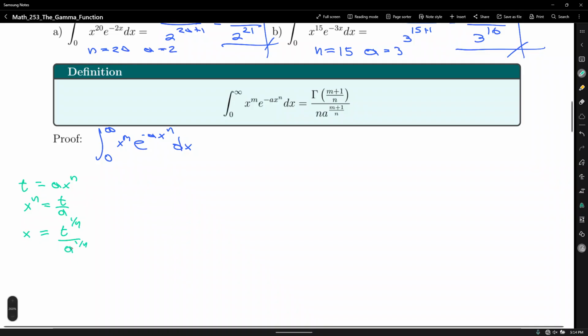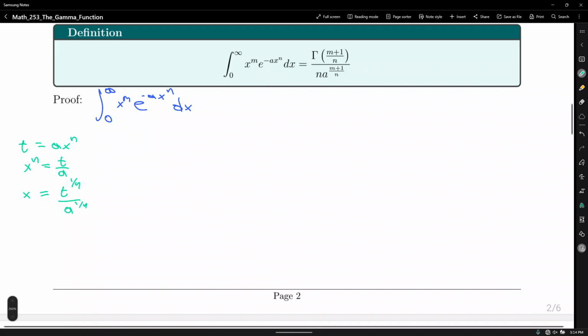Okay, so if we find the dx right here, dx will be the derivative, that is 1 over n times t to the 1 over n minus 1, divided by the quantity a to the 1 over n, dt. We're just using the general power rule for this. Let me write this 1 over n even better so you can easily see what happened.